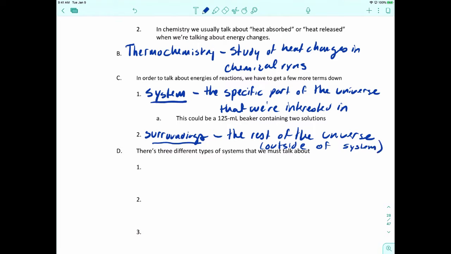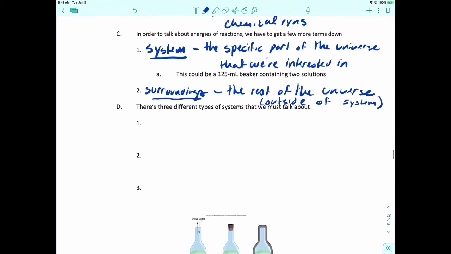Okay. Now, there's three different ways that we can categorize a system. It's possible that you could have an open system where you can exchange mass and energy.